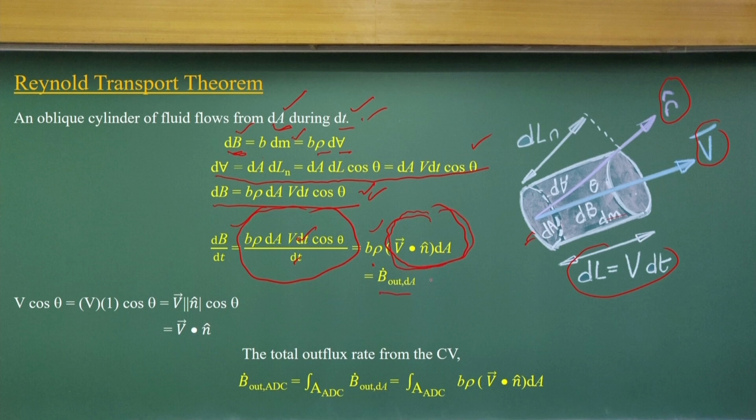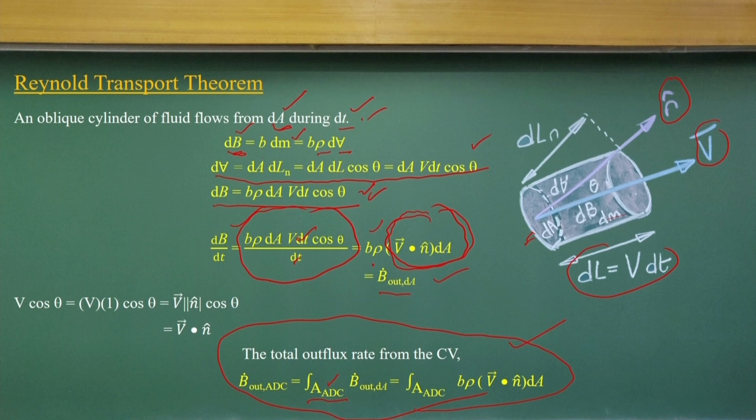That is the rate of change of the outflux going through this dA area. Since I have a big control volume and the surface is irregular, I can integrate that over the surface of ADC to get the total outflux rate going out from this control volume.